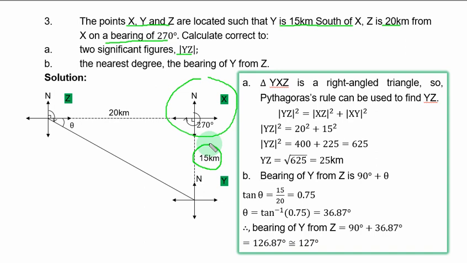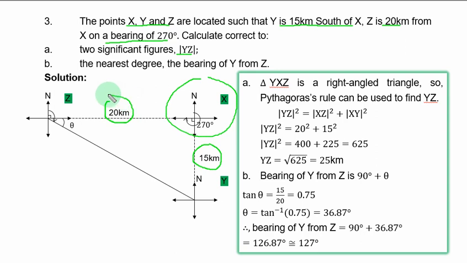Now from S, the bearing of Z is 270 degrees. That is, from the first quadrant you have 90, second quadrant you have 180, the third one is 270. That is clockwise direction. So Z is in the west of S and the distance there is 20 kilometers.